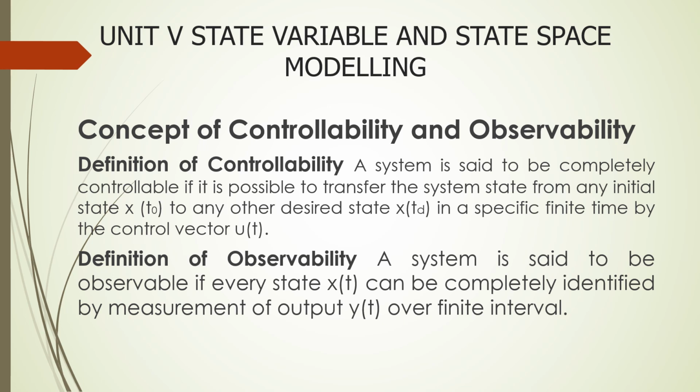A system is said to be completely controllable if it is possible to transfer the system state from the initial state, that is x of t naught, to any other desired state x of td in a specific finite time by the control vector u of t.